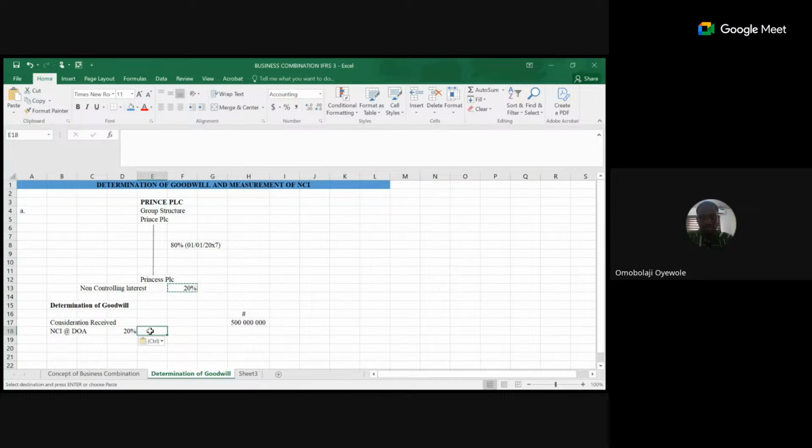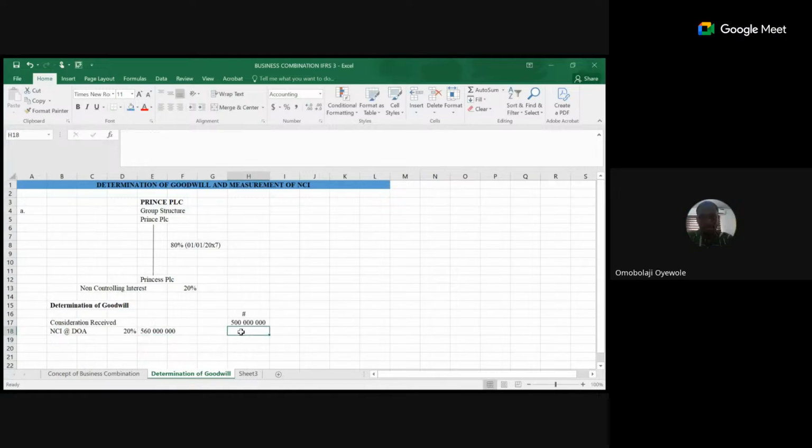Then what is the net asset of the subsidiary at date of acquisition? 560 million.